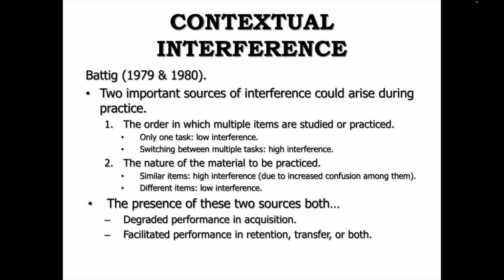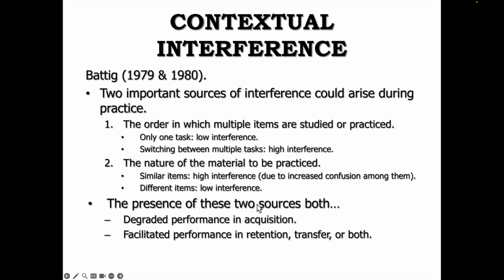Those would be high interference because they are two similar skills. But if you have different items, there will be low interference. For example, throwing a baseball and kicking a soccer ball, there's very little similarity between those skills. So there would probably be low interference between learning each of those skills one after the other in a practice session.